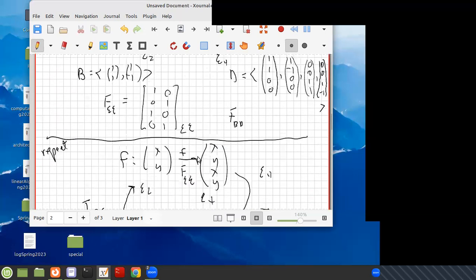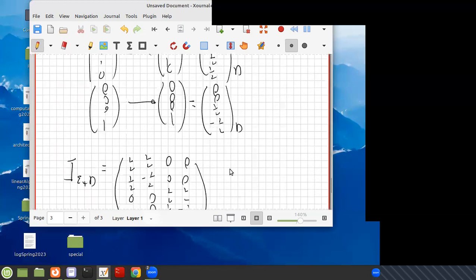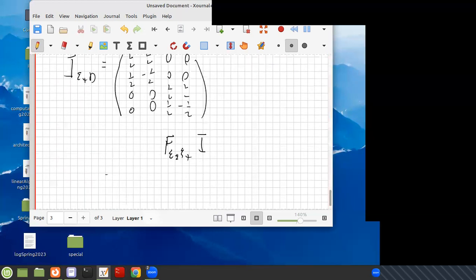This goes from E2 to E4. So if we act with F here, it's going to be E2 to E4. So we need on this side to start from B to E2, because, I mean, the other way around. Yeah, we want to go from B to E2. Then this takes us from E2 to E4. Then we need here E4 to D.